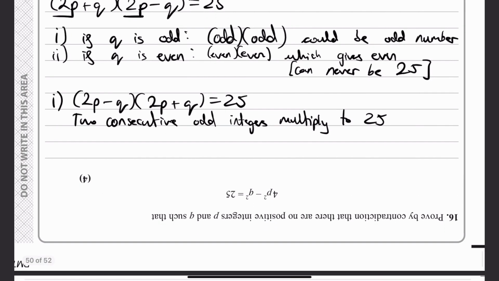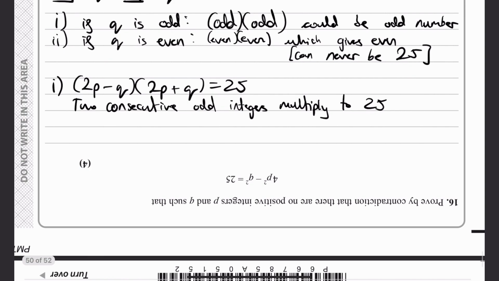But obviously, if we look at the factor pairs of 25, 25 is 1 times 25, it's 5 times 5, and it's nothing else. So there are no integers which satisfy this.